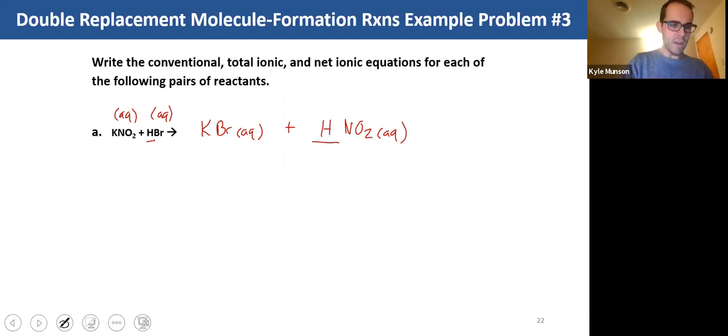You see that proton came from the strong acid, hydrobromic acid. It's going over here now. And if you're familiar with naming acids, that is nitrous acid, and that is a weak acid, because it's not one of the 7 strong acids.